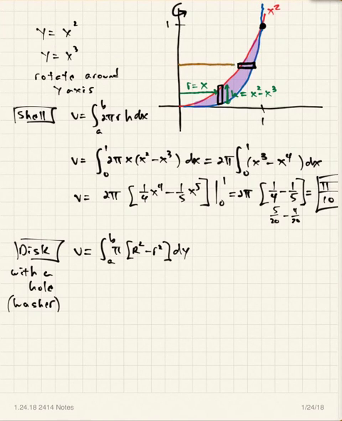The inside radius would be that distance right there, r. That would be little r, and that would be given by x. But x in this case would be equal to the square root of y.